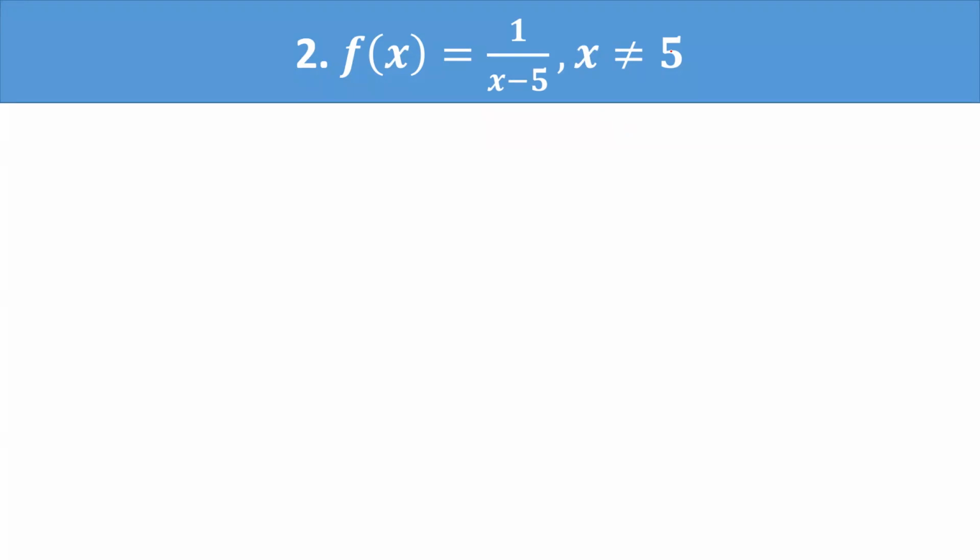What is the question? f of x is equal to 1 by x minus 5. Put x equal to 5. So if you find f of 5, what you'll get? 5 minus 5, so that is 1 by 0.